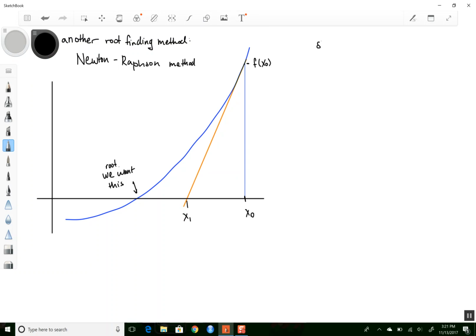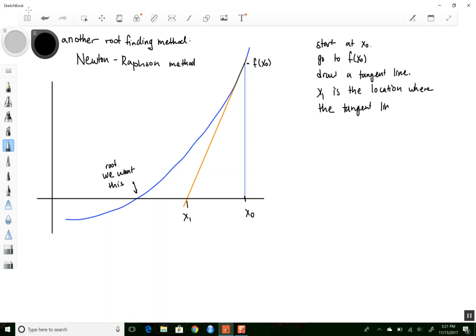So we start at x0, okay? Go to f of x0, right? Draw a tangent line there. And then x1 is the location where the tangent line crosses y equal to 0.